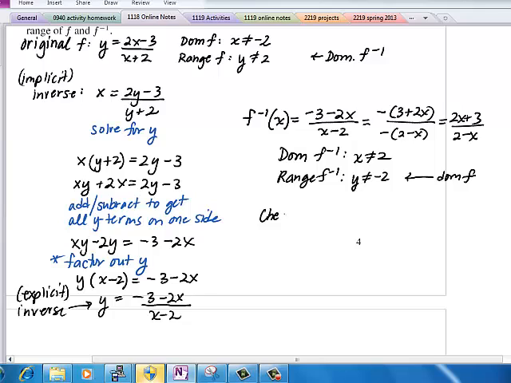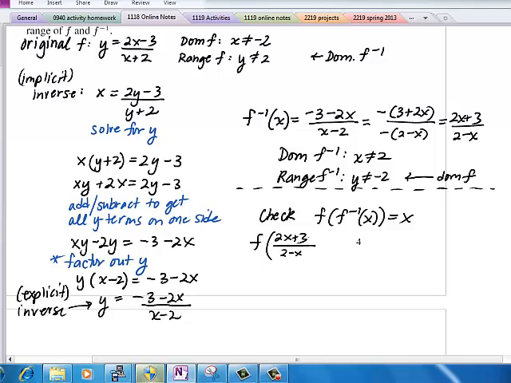So let's check at least one of these, whether f of f inverse of x gives us x back. And this is optional, but good practice with composition. So f of f inverse would be f of (2x plus 3) over (2 minus x).